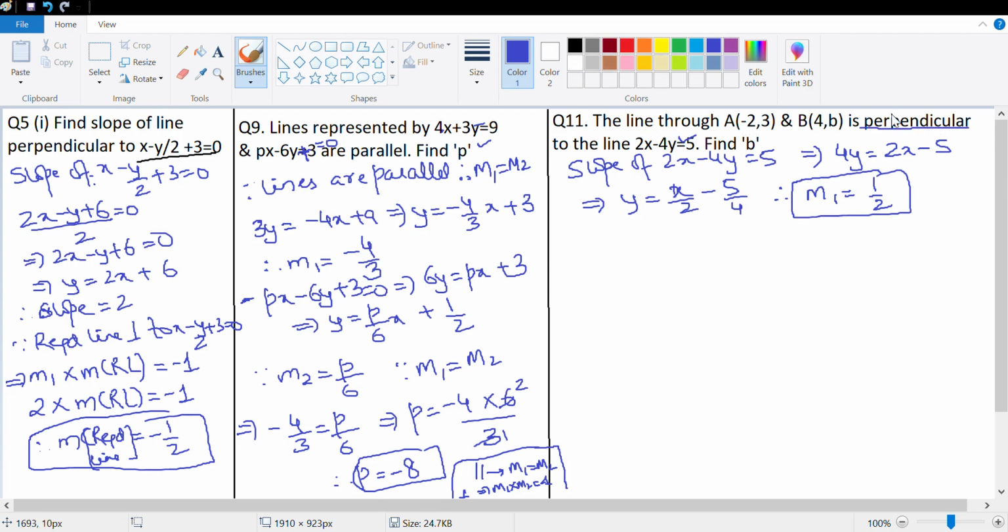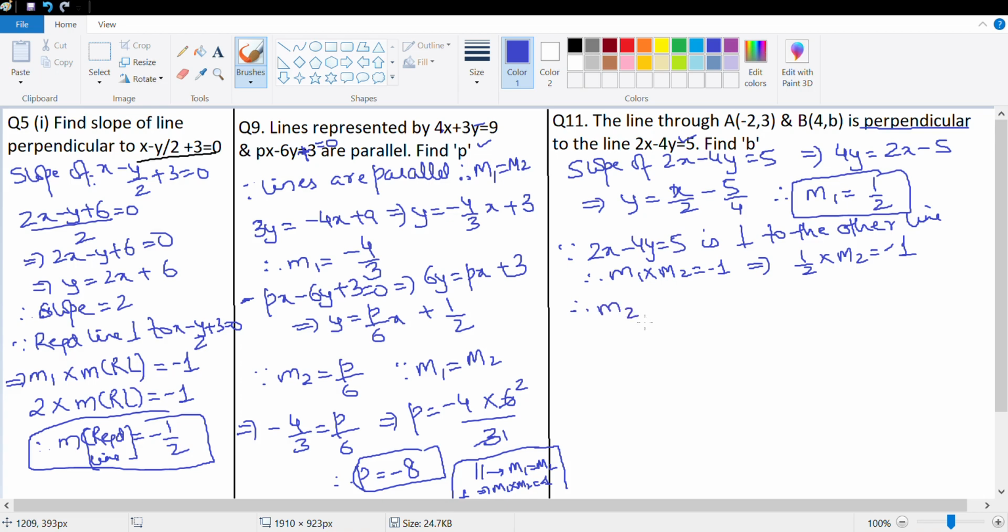Since 2x minus 4y is equal to 5 is perpendicular to the other line, m1 into m2 will be equal to -1, which means half into m2 is equal to -1. Therefore m2 will be equal to -2. Perfect.